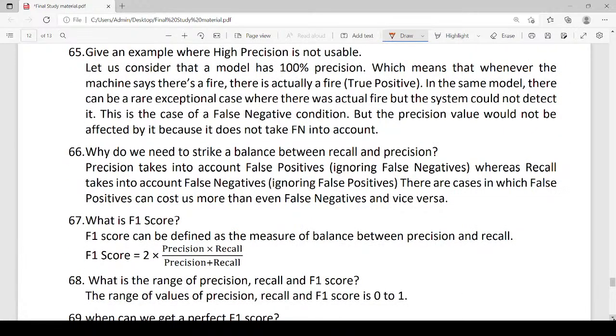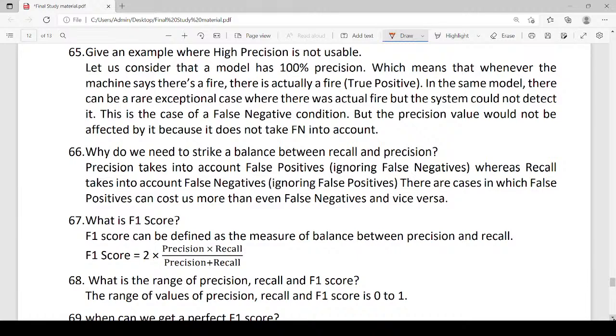So it has to be a value between 0 to 1, and for this reason, students, please remember, when you are calculating precision, recall, or F1 score, in none of the formulas will you multiply it by 100. You should never do it. If you try to multiply it by 100, you will get a value beyond 1, which is wrong.